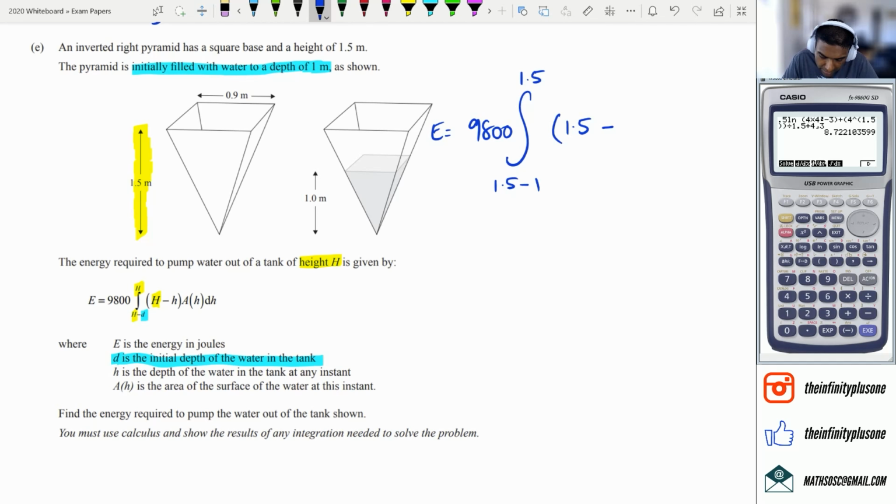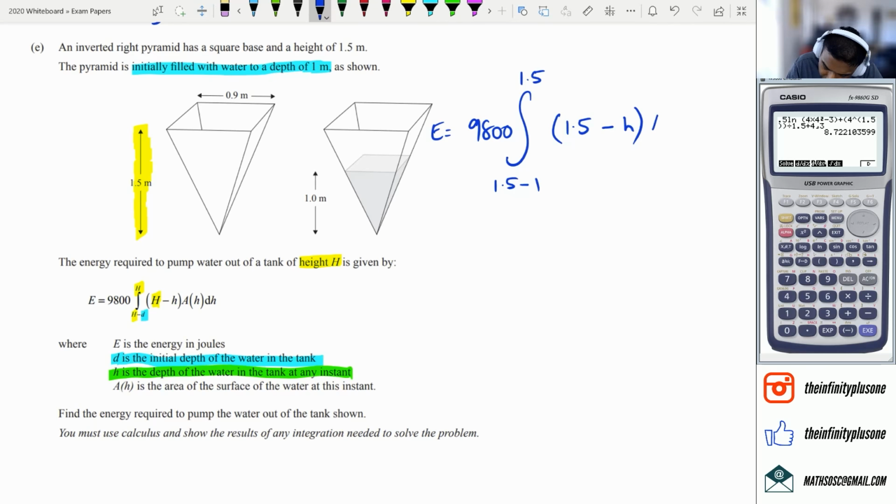So far, so good. Next is the little h. The little h is something we don't know, because that's the depth of the water at any instant, so it's a variable. That means h is going to constantly change, so we're just going to leave it as h.